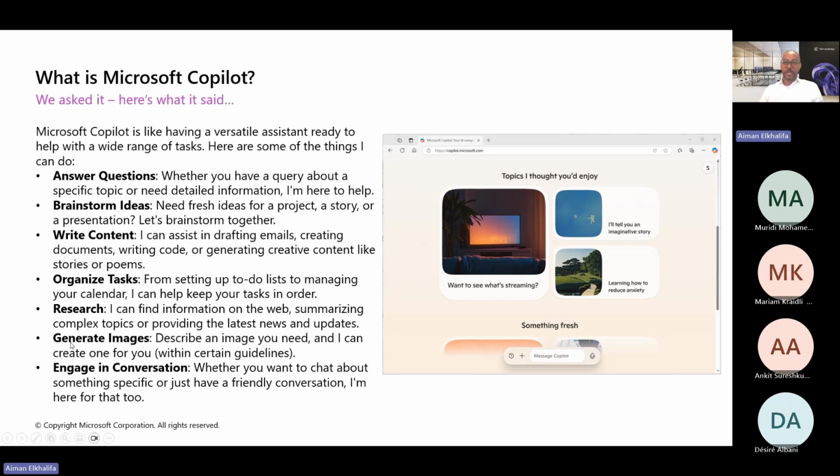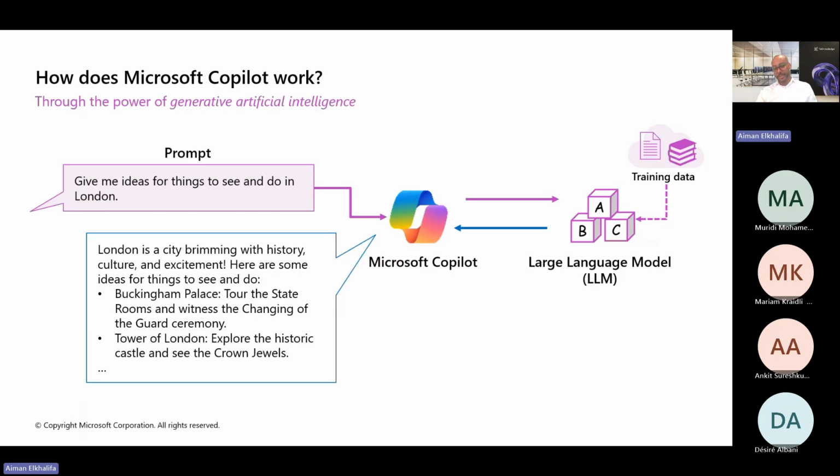And generate images, right? Engage in conversations and brainstorm with Copilot. So it can do pretty much anything that ChatGPT can do. But this all depends on the prompt you write. If you write an effective prompt using prompt engineering techniques, you will get the result that you want in much fewer iterations and fewer modifications from your end.